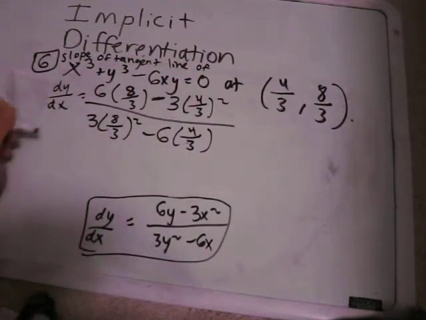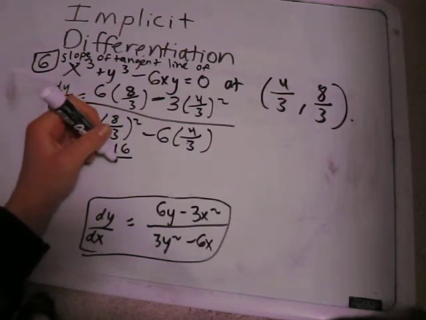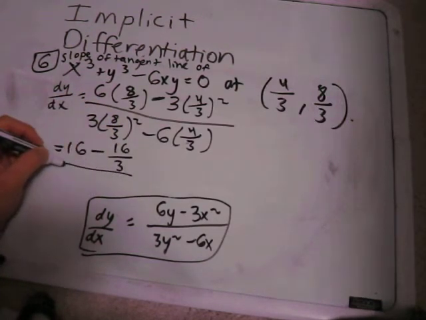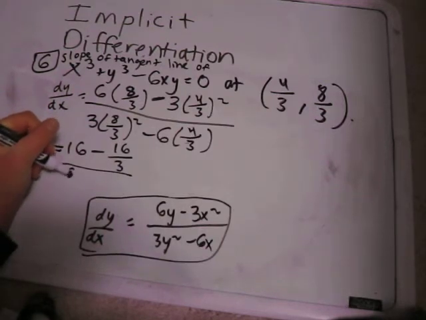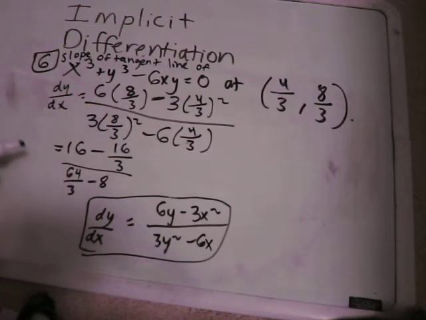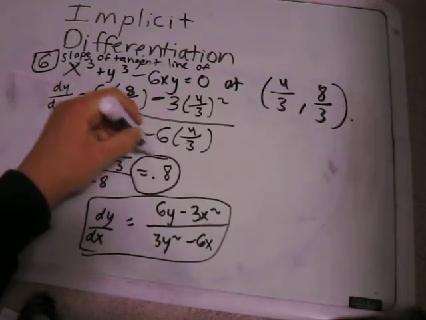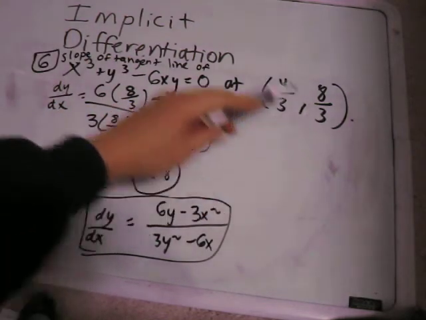Okay, so we're going to have 16 minus 16/3 divided by 64/3 minus 8. So that should equal 0.8. I did it in my calculator earlier, you can double check. So our slope of the tangent line of this function at this point should be 0.8.